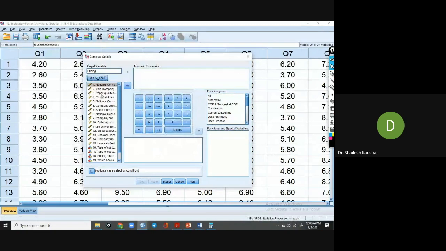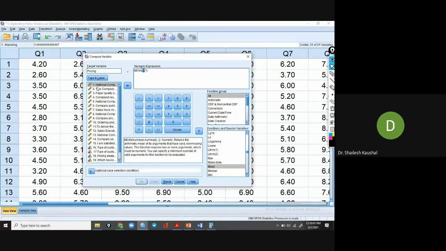For example, I am taking three variables here, and I'm taking the mean value, the summated scale mean value. I am selecting here mean, and I'm taking only three variables, 1, 2, 3, the mean value of variable number 1, variable number 2 and variable number 3, just for understanding purposes.